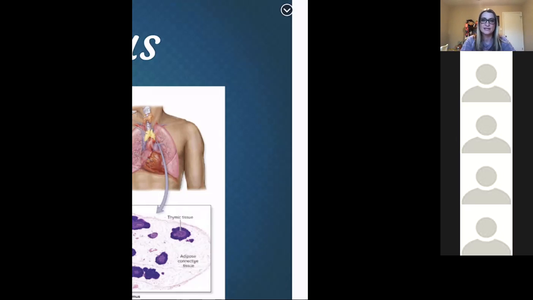You can remember: T lymphocytes, thymus, it has that letter T. And again, we will talk about the whole process of the maturation of T lymphocytes in chapter 22. So you'll see what happens in the cortex and then what happens in the medulla. A little spoiler alert here.